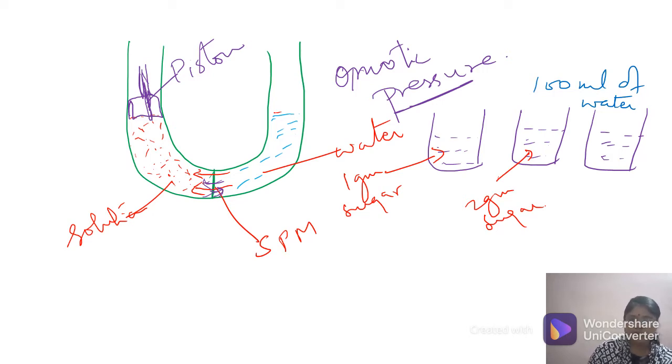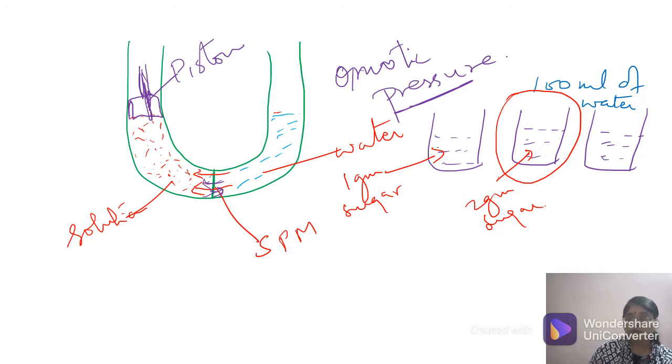Now, 1 gram sugar and 2 gram sugar: which solution will be more concentrated, the 1 gram or the 2 gram? Definitely you will say this one will be more concentrated, isn't it? Why will it be more concentrated? Because the water is 100 ml in both the glasses.